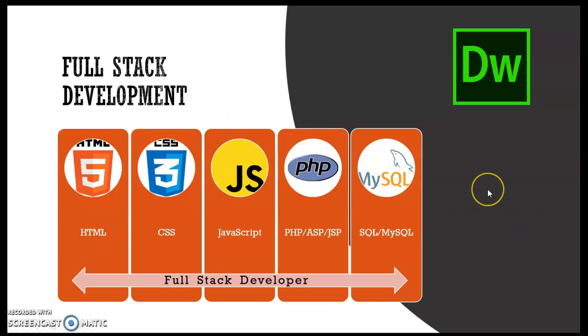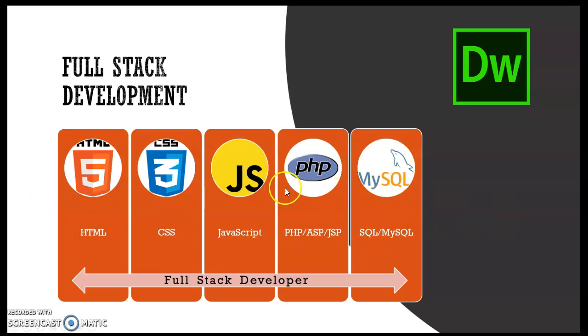For this class, let me talk about full stack development in website design. Basically, we have the front end: HTML, cascading style sheets, and JavaScript. On the back end, PHP and MySQL.